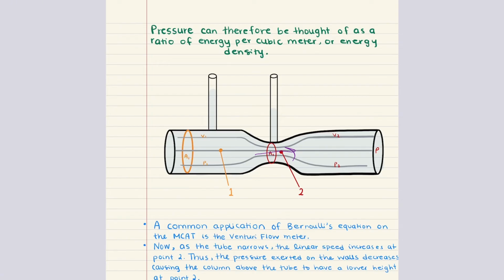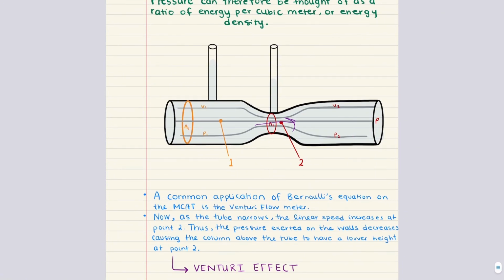Now, let's try to imagine this in action, using a flow meter. This is going to consist of a tube with a constricted throat in the middle. As the fluid enters the wide section of the tube here at point 1, it's going to move at a certain speed V1, and it's going to exert a pressure P1 on the walls.